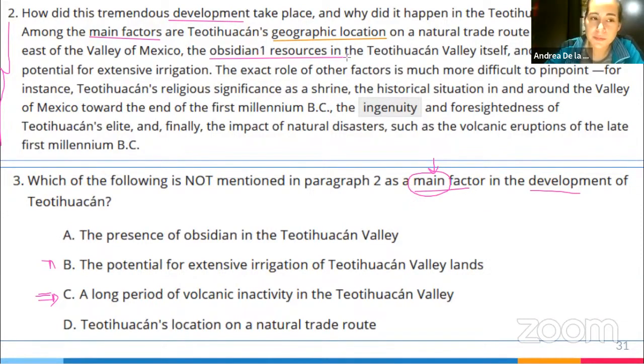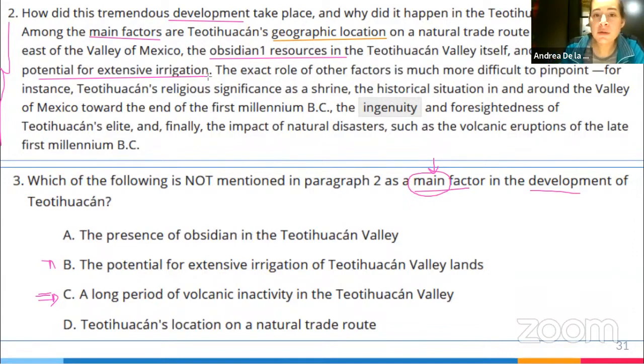And the third? And the third is the valley's potential for extensive irrigation. Great. Do we have more main factors? No, we don't, right?